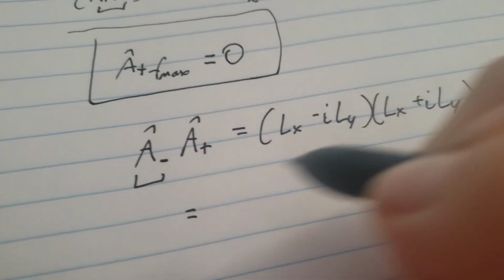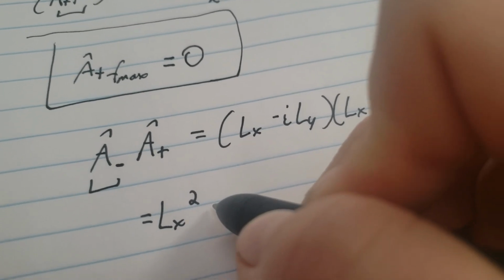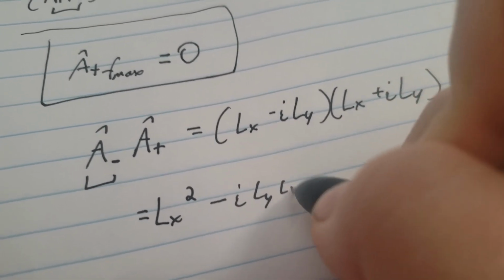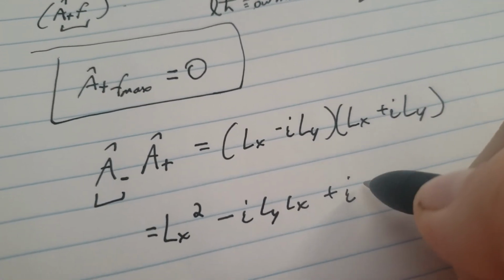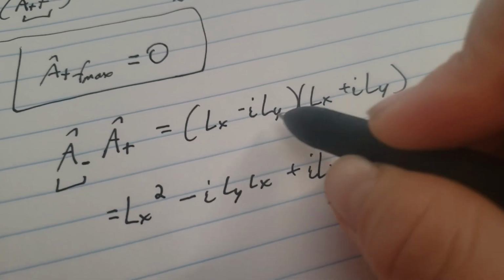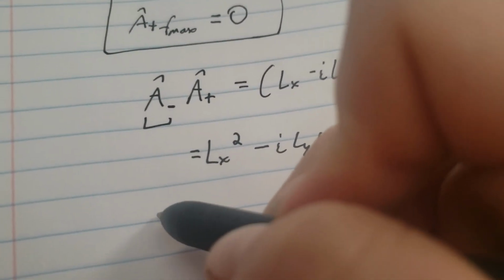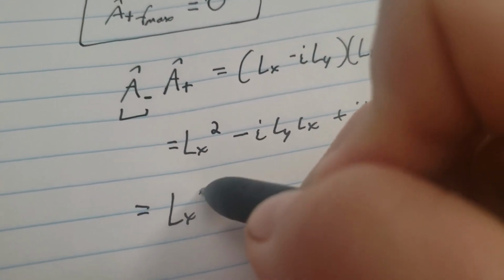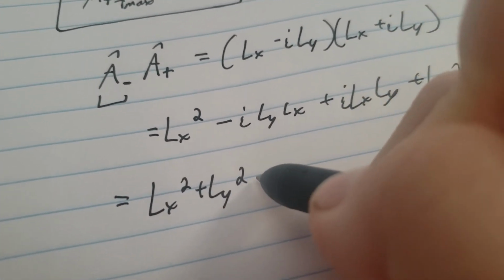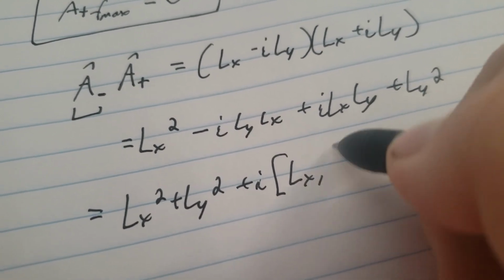Remember these are operators, so the order that you do them in is important. Lx squared minus Ly Lx plus i Lx Ly plus i times negative i Ly squared equals Lx squared plus Ly squared, rearranging the terms, plus i times the commutator of Lx with Ly.